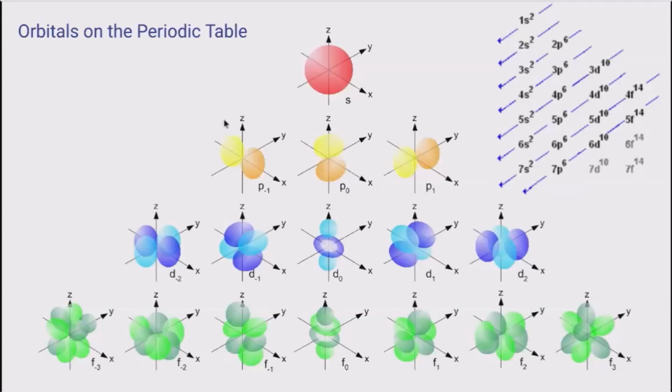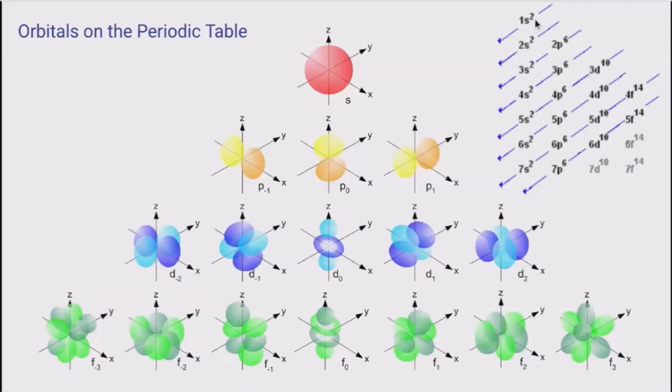So then they have another set of 3 orbitals that they can fill with electrons. And then it moves on to d orbitals, which they can fill, and then moves on to f orbitals, which they can fill. If you see in this right-hand corner, it'll show you the order in which they fill. The elements want to fill up the inner shells before they move out to making outer shells.